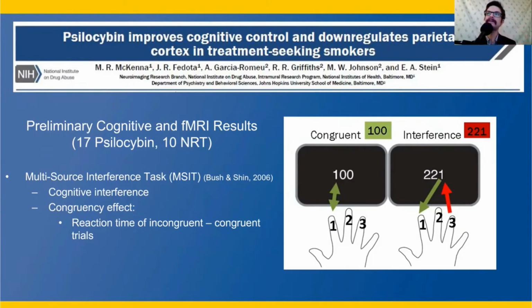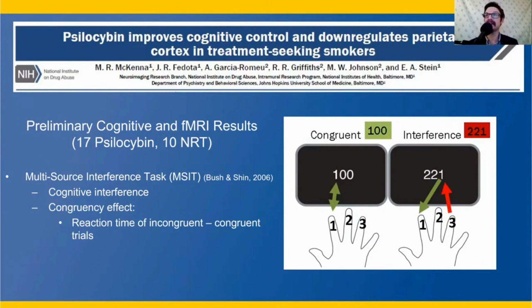But on interference trials, the target number is in a different location than the finger that you have to use. So if the digit 1 is the oddball, you have to respond with the first finger, the index finger, which is in a different physical location from the digit on the screen. And so this is just really hard for people. It kind of trips people up.